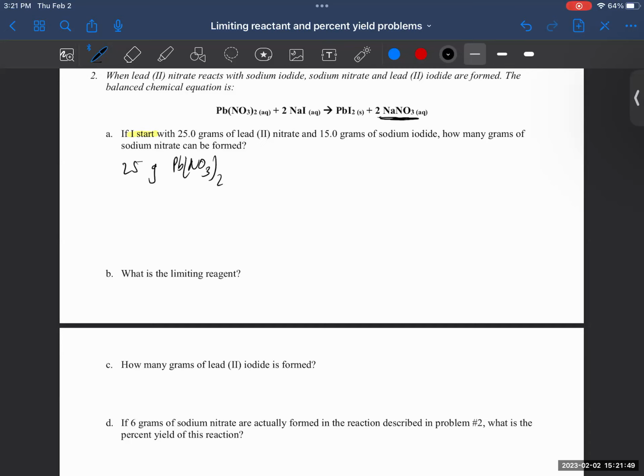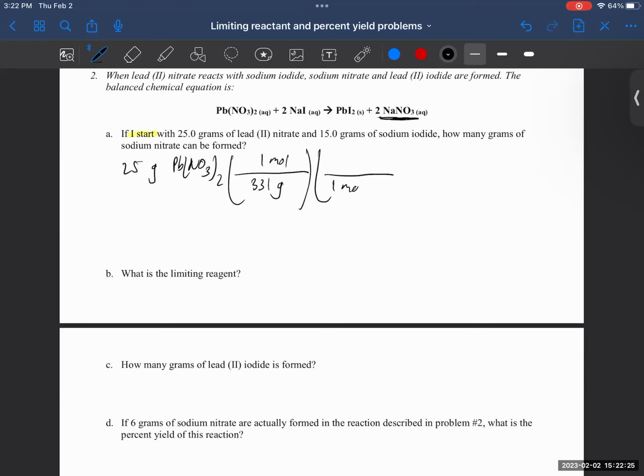Now what's our mole ratio? How many moles of sodium nitrate do we have per lead-2 nitrate? 1 to 2, 2 to 1, same thing, it's just how you write it. So 1 mole is 2 moles of sodium nitrate.